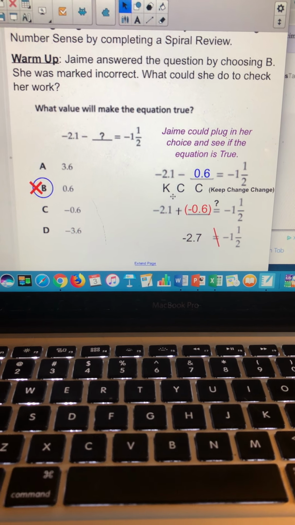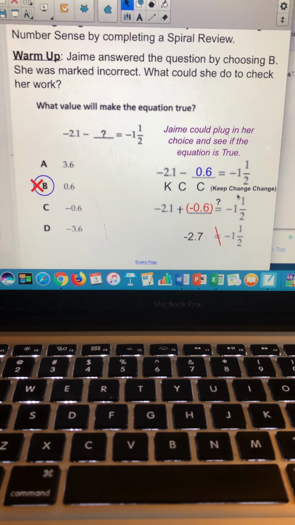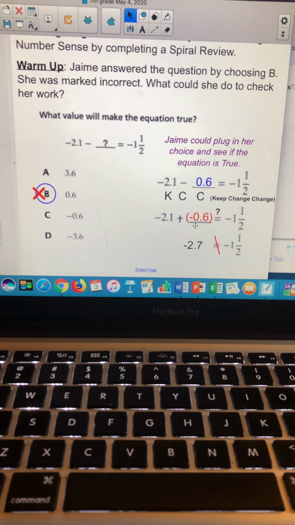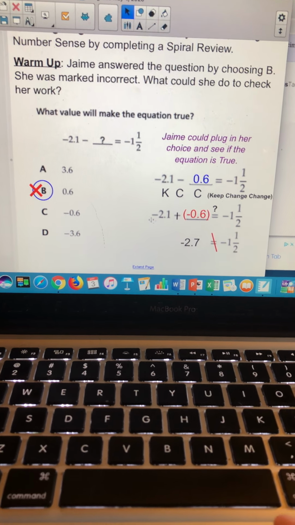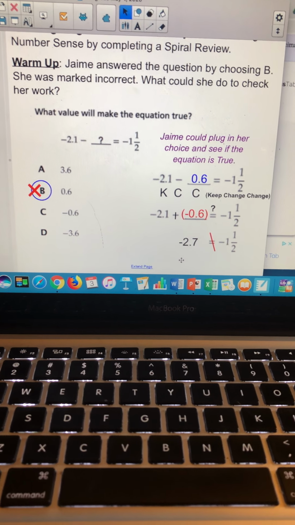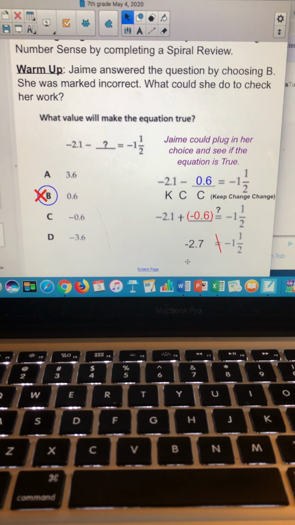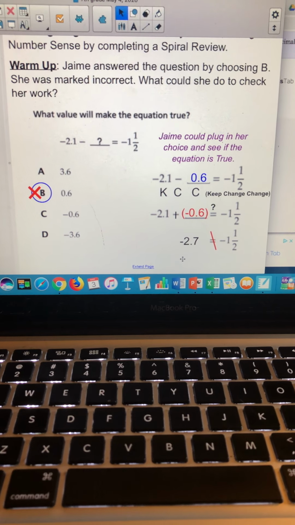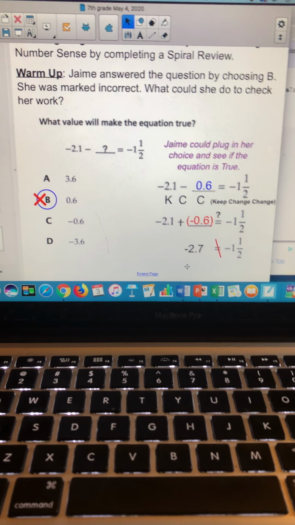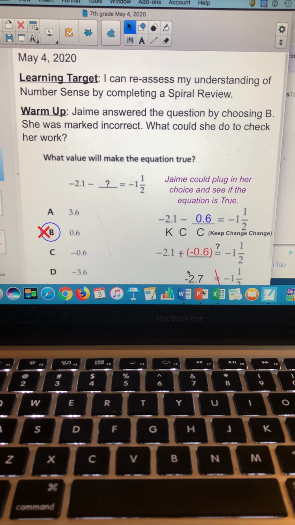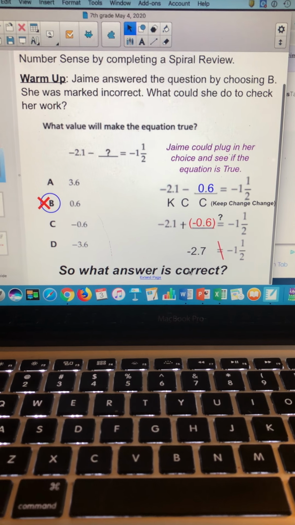If you were doing this by hand, you had to remember to use keep, change, which would have made that 0.6 negative. And when we have the same signs, we add and keep the sign. So maybe those were some of the misconceptions for those students who selected B and were marked incorrect. So what is the correct answer?